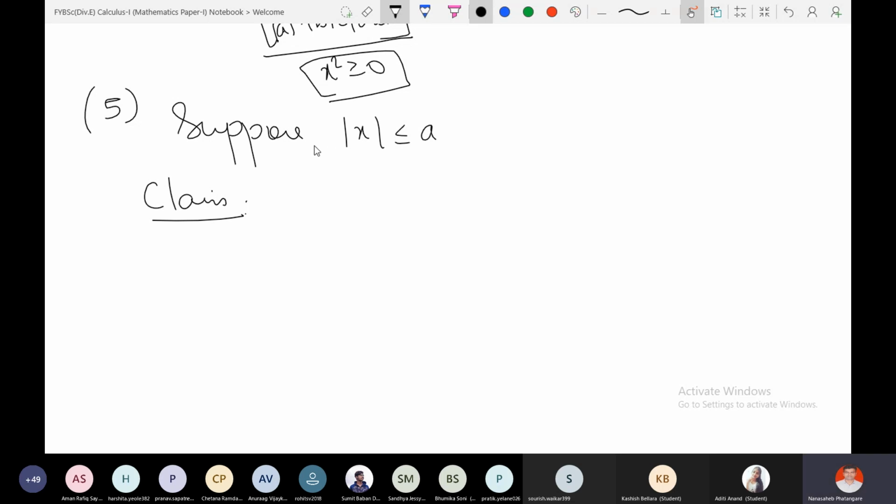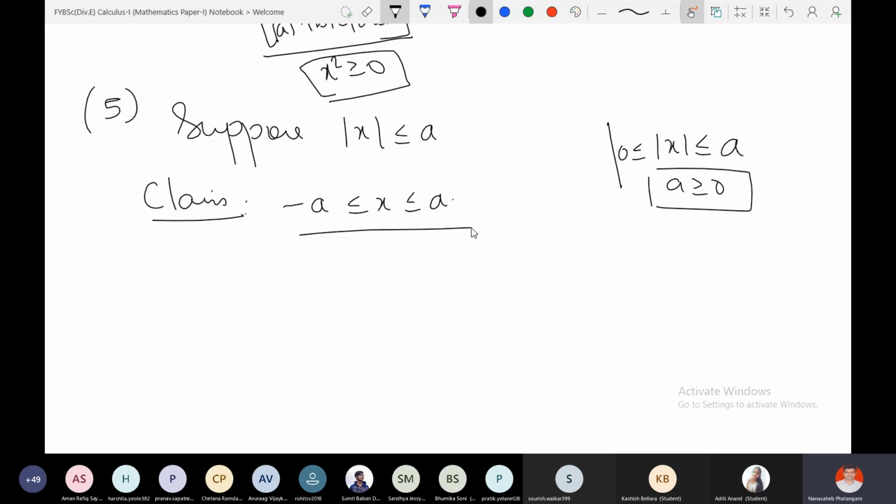We know that the absolute value is always greater than or equal to 0 by the previous discussion. That means a is certainly positive, right? This is clear, a is greater than or equal to 0. So what is our claim? Minus a is less than or equal to x, less than or equal to a. This is our claim.